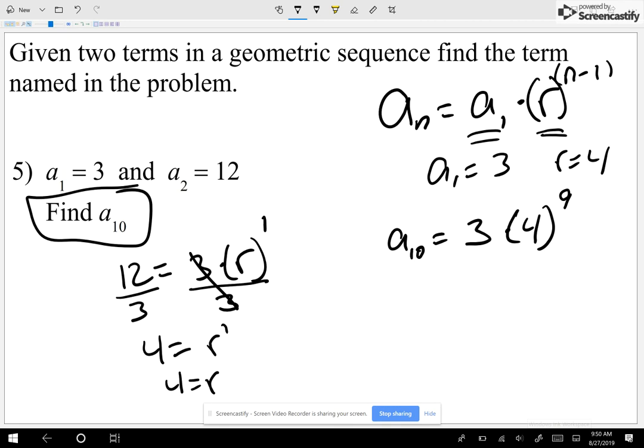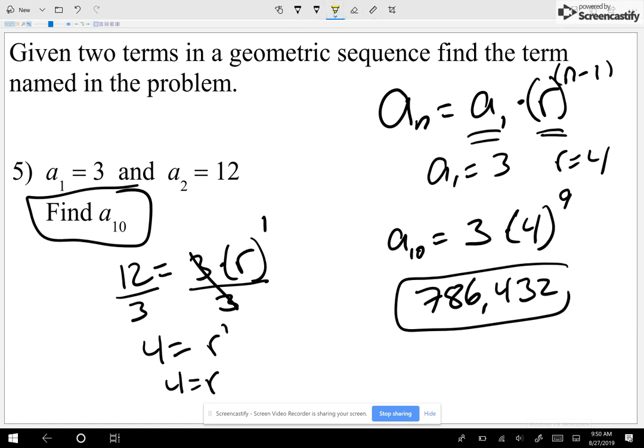And it gives me 786,432. The first thing I have to do is my exponent. Remember, order of operations, you do exponents before you multiply. You guys learned it as PEMDAS or GEMS, I don't know how you guys learned it. But you do exponents before you multiply. So we did 4 to the 9th times 3. We're good?